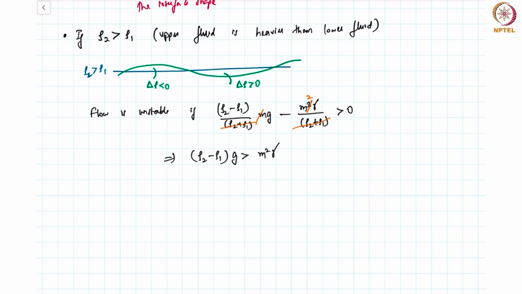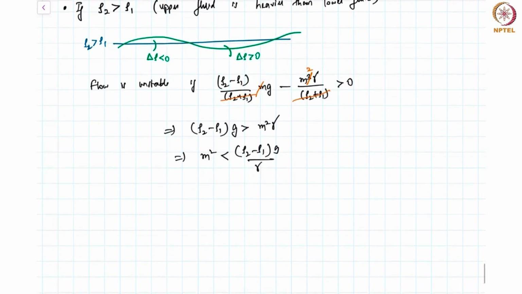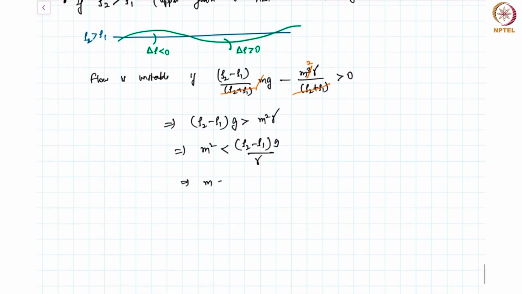This density difference has to exceed a particular threshold. You can also look at it in another way. The quantity m squared, if it's lower than (rho 2 minus rho 1) G by gamma, then m is, when it is less than this quantity, G by gamma, so the wavelength will be 2 pi by k, which is 2 pi by m.